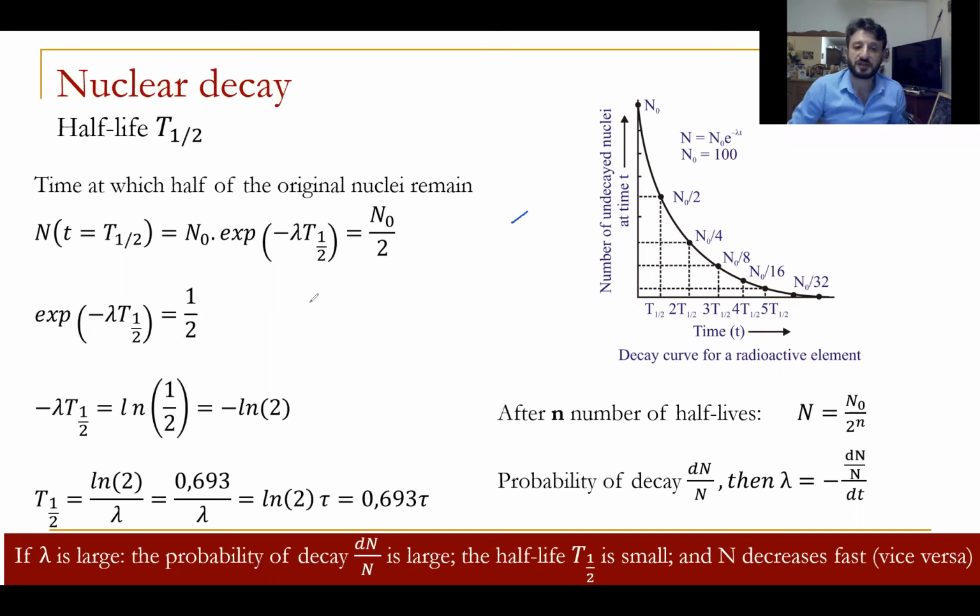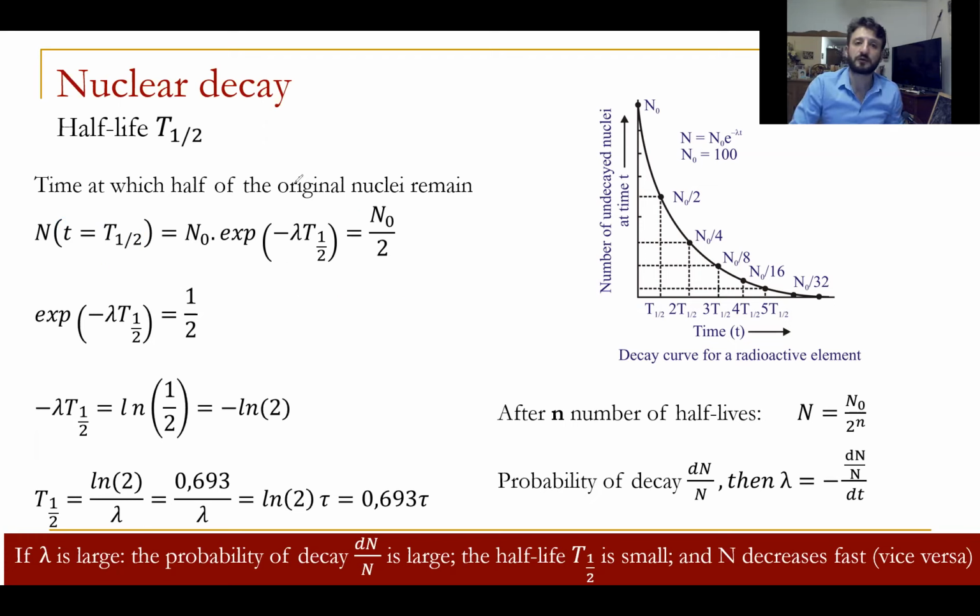So, in general, N at a time t equal to t half, we must have N0, the initial number of unstable nuclei, divided by 2. So we can substitute the value of t by t half. We get N0 exponential minus lambda t half equals N0 divided by 2.